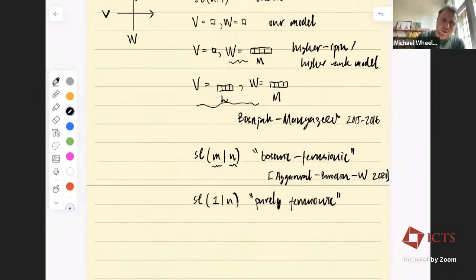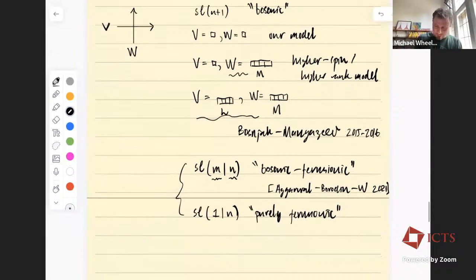So one can also look at these and consider higher spin representations. And you can go on and also look at other vertex models outside of type A, but this is relatively unexplored. Hopefully that answers the question.